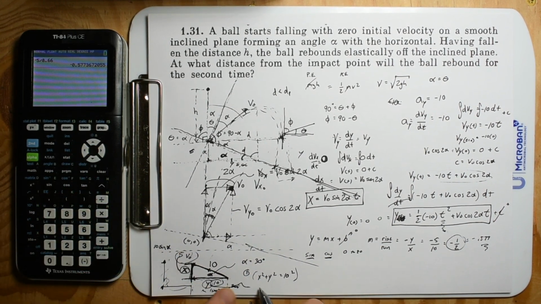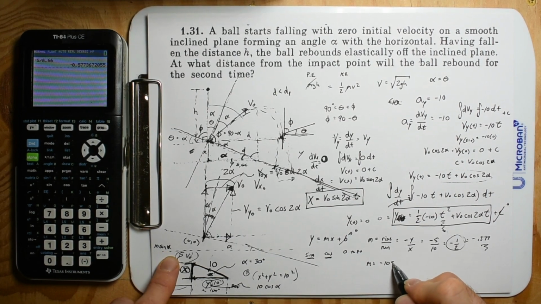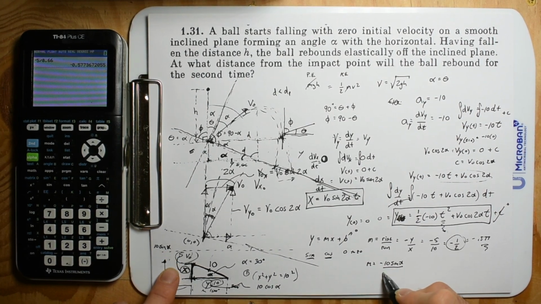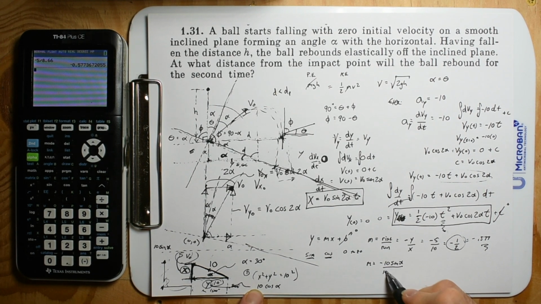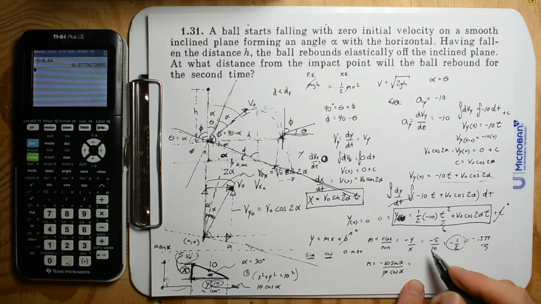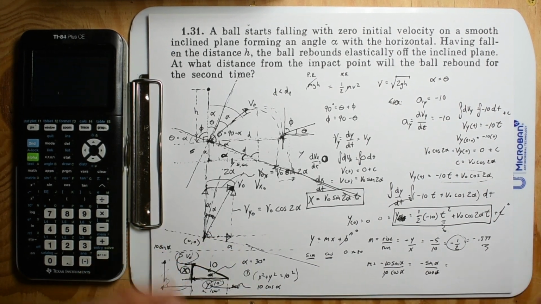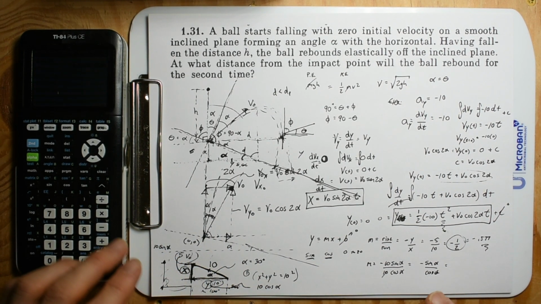And then this over here was going to be 10 cosine alpha. And then we said that the slope was going to be negative 10 sine alpha divided by 10 cosine alpha. Well, look at these 10 values. Those just cancel out, and we get negative sine alpha divided by cosine alpha. And even if you just got to here, call it a day.